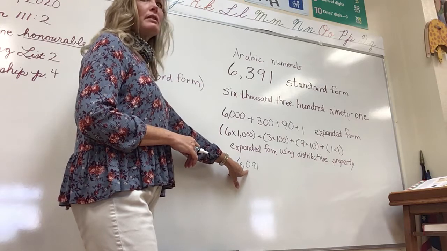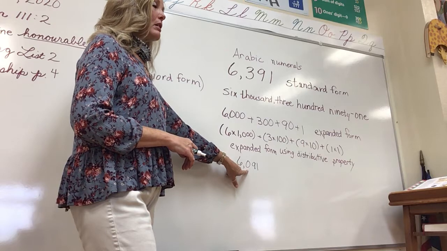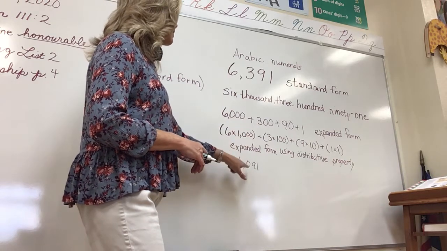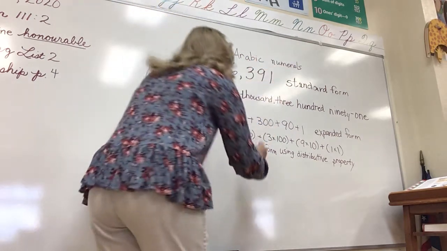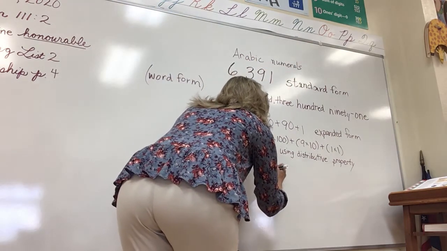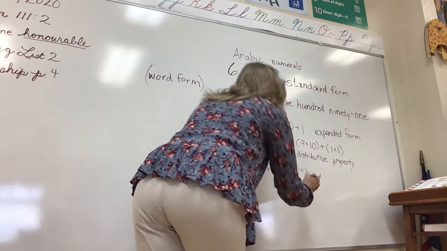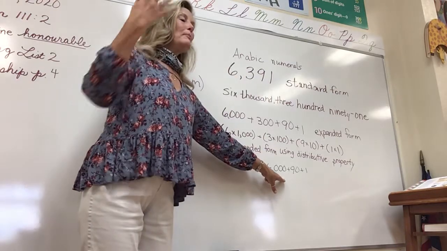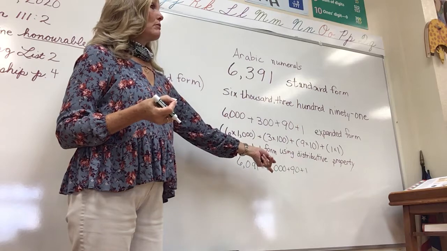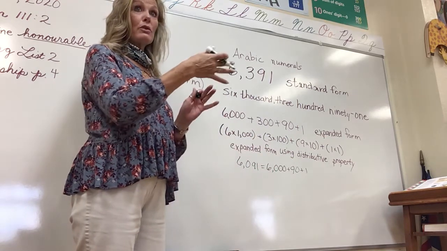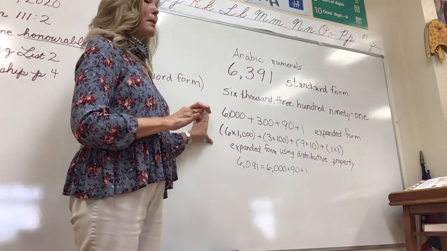What's going to happen with this digit right here when I'm in expanded form? You don't do it? I don't do it. Exactly. So when I do this one, that's 6,000 plus 90 plus 1. I skipped it. I skipped my placeholder altogether. It's getting a little faster to do that expanded form if I have placeholders, because I'm just going to skip that digit when I represent it in my expanded form.